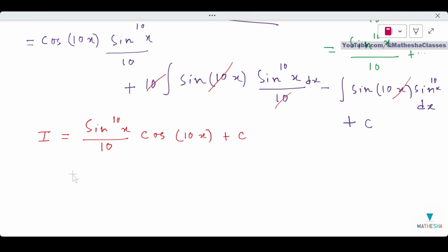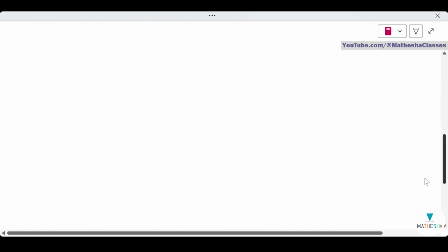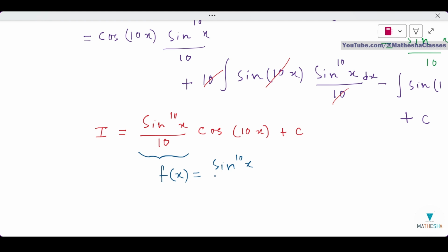So if you compare it, you can see that this part is actually your f(x). So f(x) is equal to sin^10 x by 10.